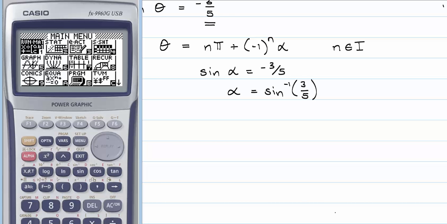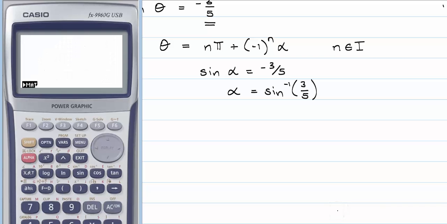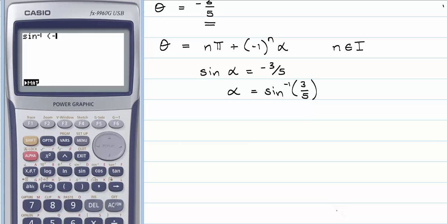We just punch it into our calculators: shift, sine inverse of negative 3/5, 3 divided by 5.